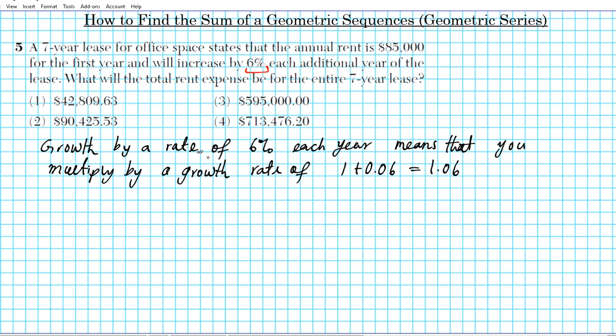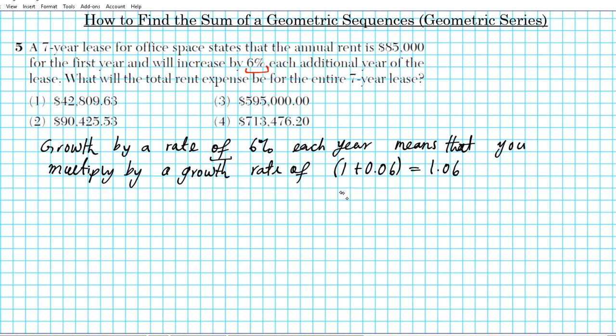Growth rate of, this word of right here indicates multiplication. Whenever you have a rate of a particular percentage, either growth or decay, you subtract or add from 1 and then you multiply.